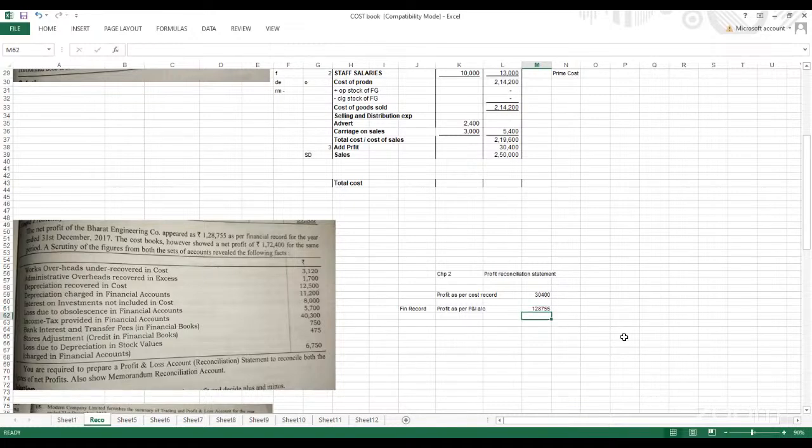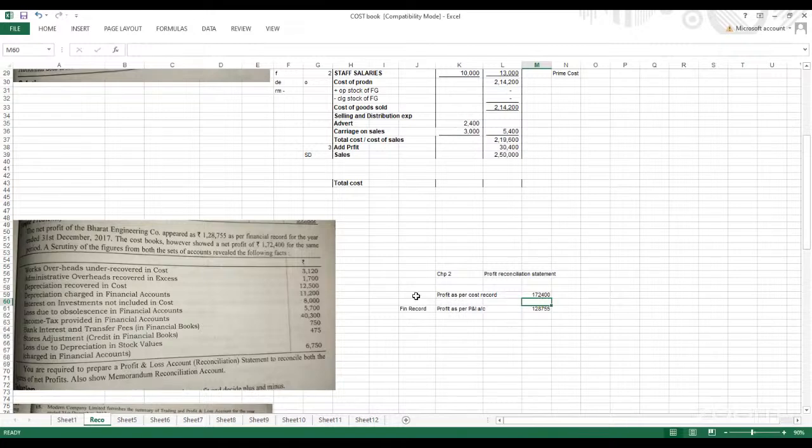This is the profit given by financial records for the year 31st December 2017. The cost books, however, showed a profit of 1,72,400. Now this cost sheet which they have prepared is showing a different profit. Are you getting it?